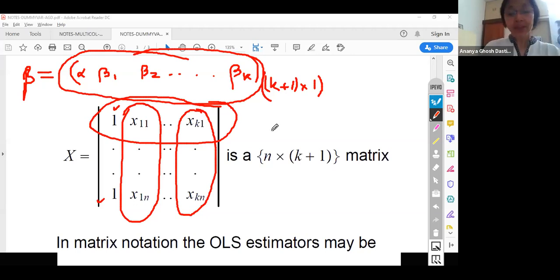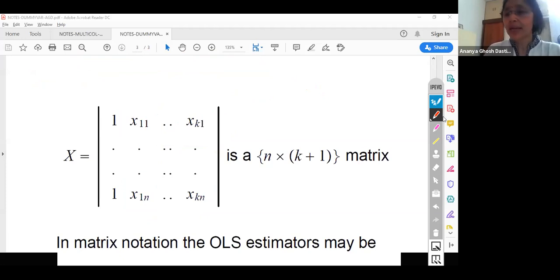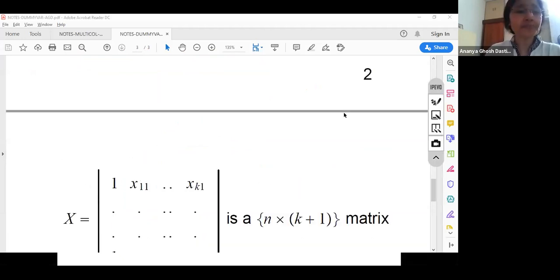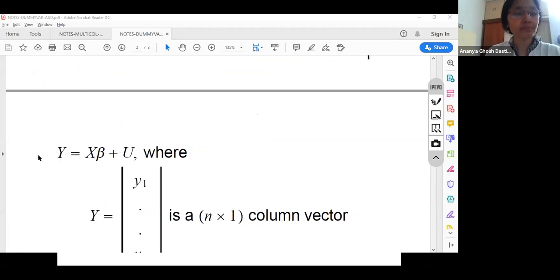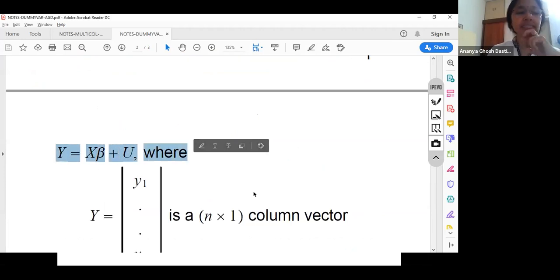Okay, all right. Now, why am I talking about the X matrix? Let me just show this to you once again. I have y is equal to x beta plus u, where x is an n by k plus 1 matrix and beta is a k plus 1 by 1 vector.